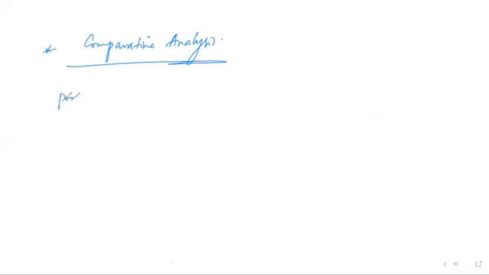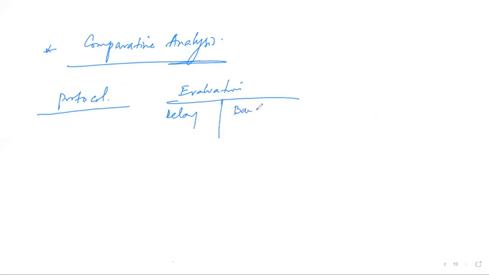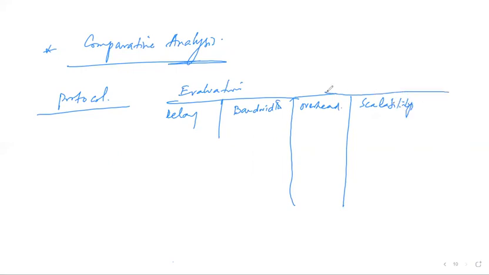In which you will again draw a table: protocol, and then the evaluation parameters. For example, you can select delay, you can select bandwidth, you can select overhead, you can select the scalability, and here is the protocol name.